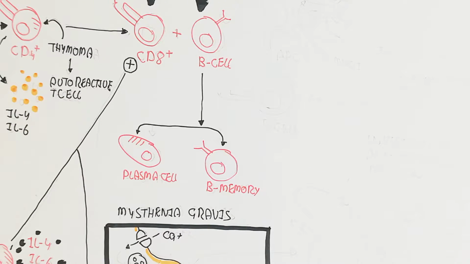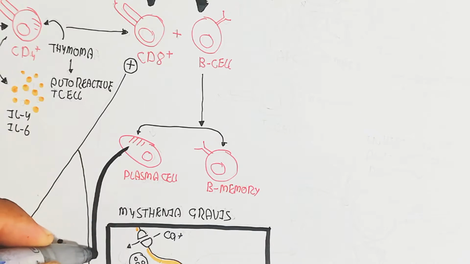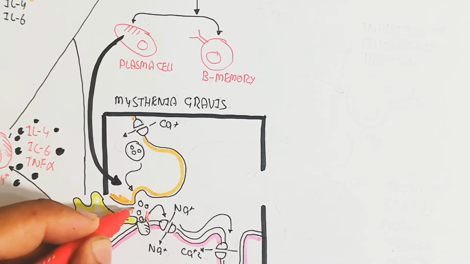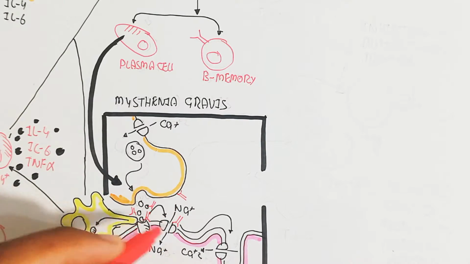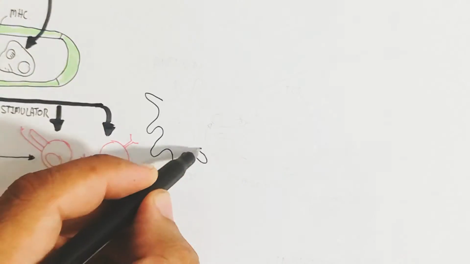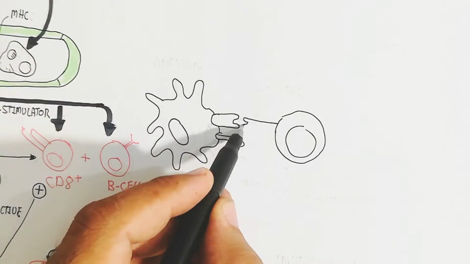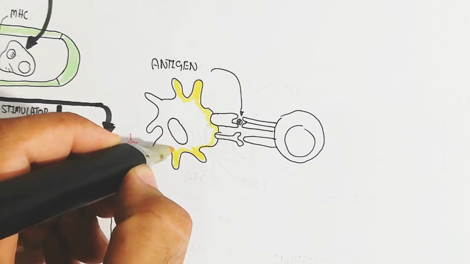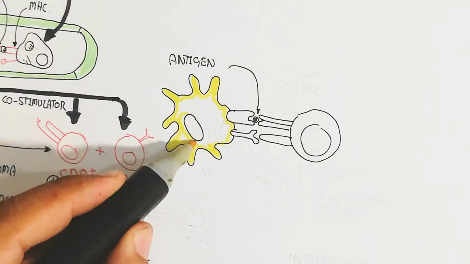And the plasma cell produces the antibody, and this antibody targets the neurotransmitter receptor to make it collapse. In this way the dysfunction of the neuromuscular junction will lead to difficulty breathing, difficulty with muscle movement, and difficulty speaking, because of the motor disorder.